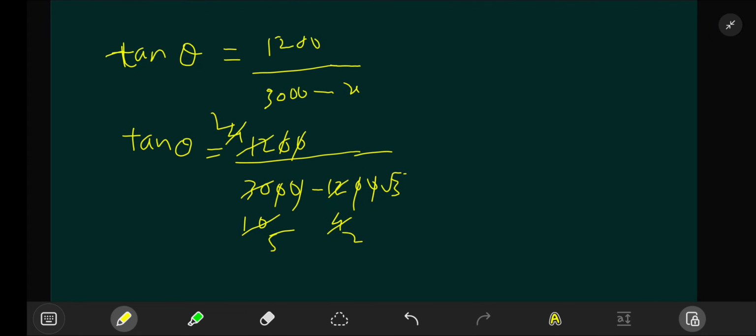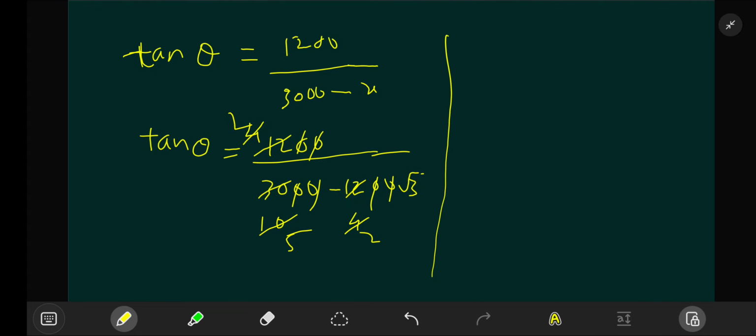Now tan theta is equals to 12 divided by 30 minus 12 root 3, that is 2 divided by 5 minus 2 root 3. As we know, root 3 is equals to 1.723 something else.